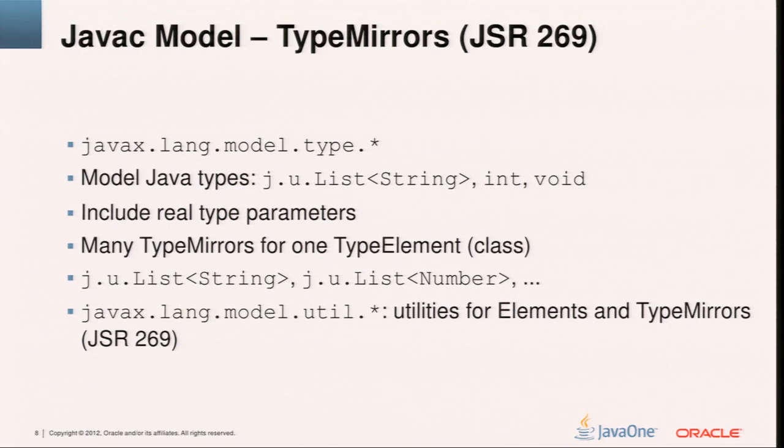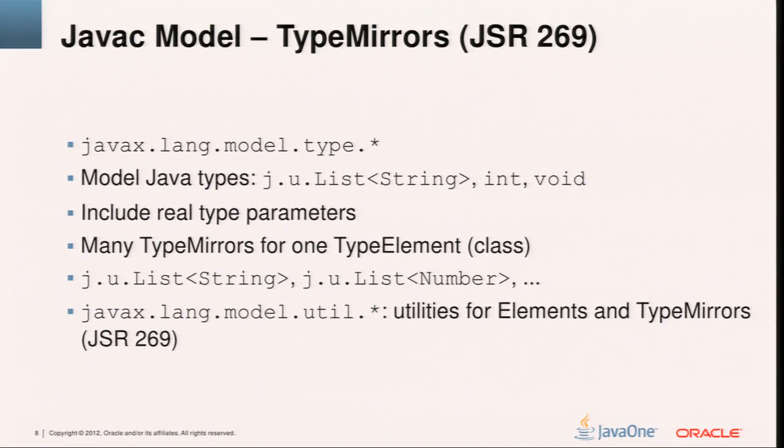One type element, for instance, can have several type mirrors. So type element is, for instance, j.u.List, and it can have several type mirrors like j.u.List of integers or j.u.List of strings, and so on.